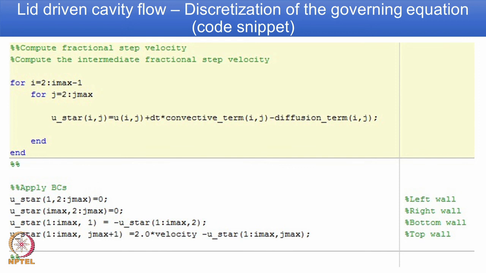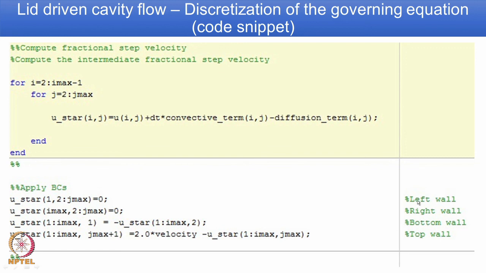the equation, we need to ensure implementation of the boundary condition, that is applying the boundary condition. u star on the left wall, u star 1 comma 2 to j max, equal to 0, because we are following a Dirichlet type of boundary condition using the primary variable. We mention u is equal to v is equal to 0 on all the 3 walls.